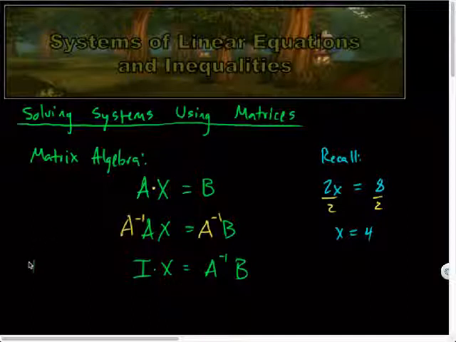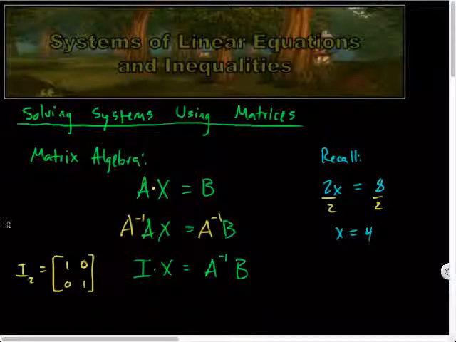A little side note: if this was a 2 by 2 matrix, I sub 2, remember, was [1 0; 0 1], the identity matrix. And what happens when I multiply the identity by any other matrix of the same size? What should I times X equal?